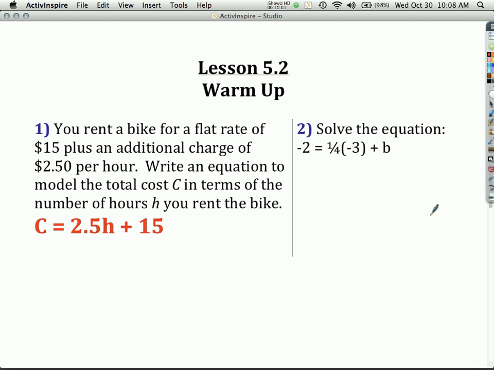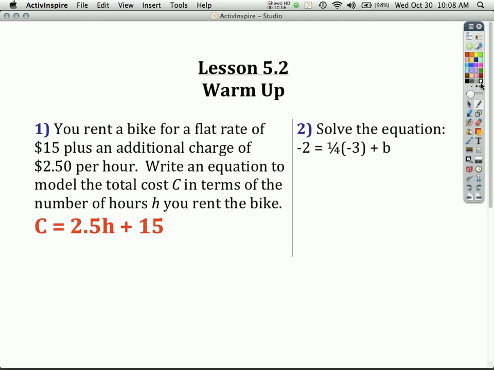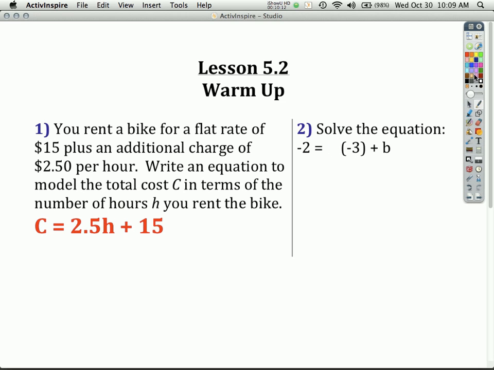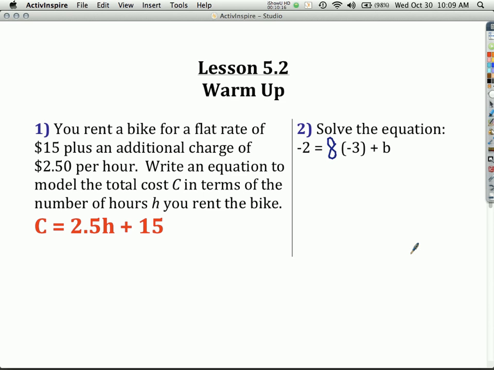So now I want to do something that should be an eye-opener for you. I'm going to change the question. So now I want, without doing any writing, without anybody using their pencil or colored pen at all, I want you to find the solution to that equation.